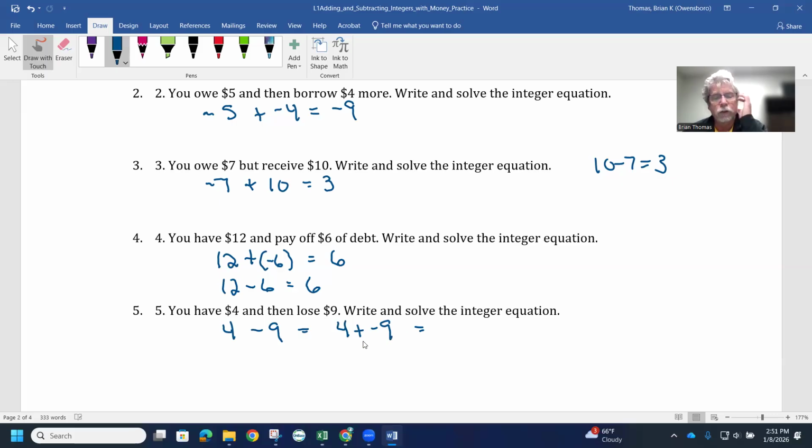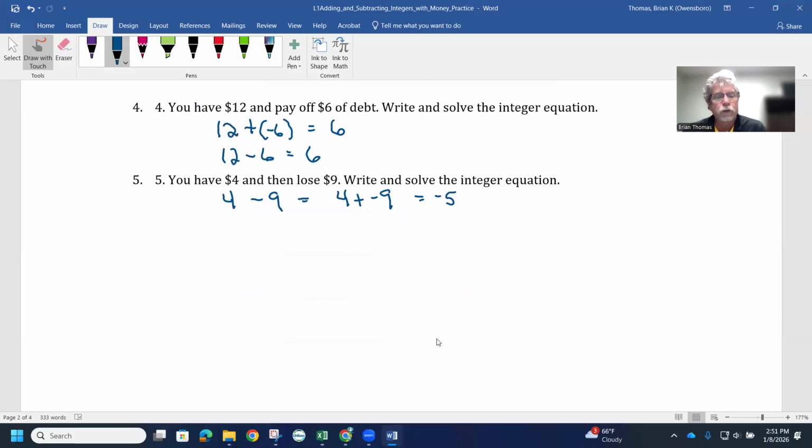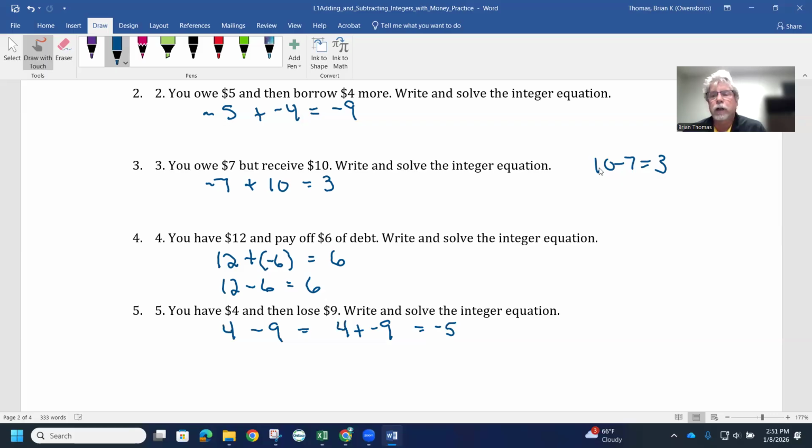So do I have more income or more debt? Notice how, since I'm losing 9, I'm actually going to be down more than I'm up. So again, 9 minus 4 is 5, but that 5 has got to be negative since we lost more than we had. So negative 5 would be your result. So there's a little bit of review of adding and subtracting integers.